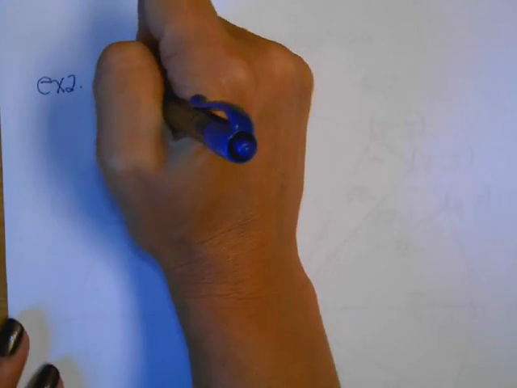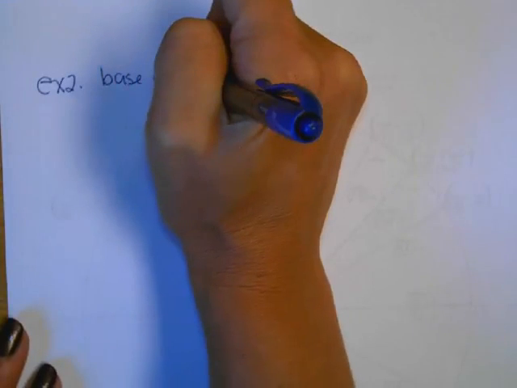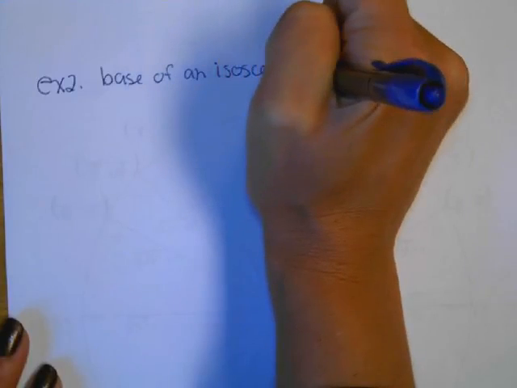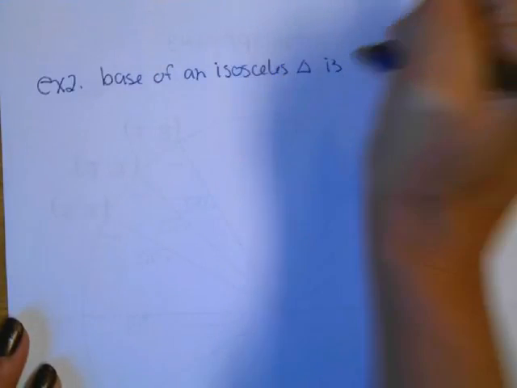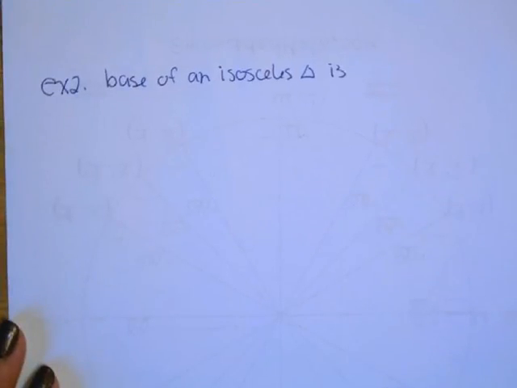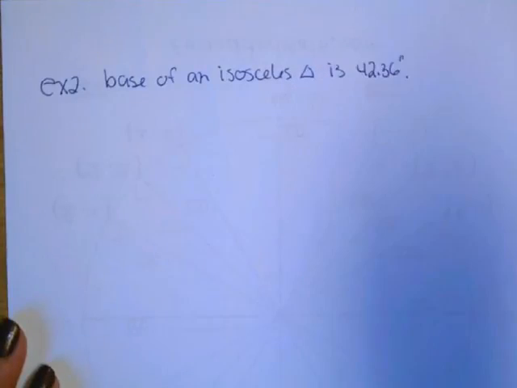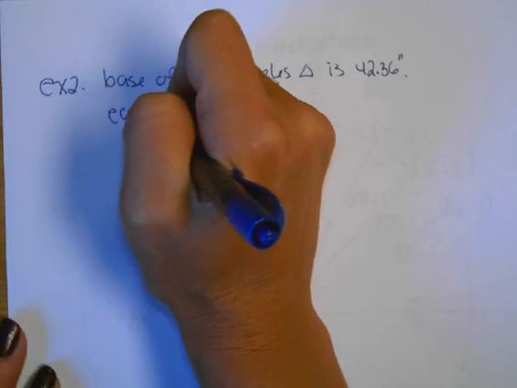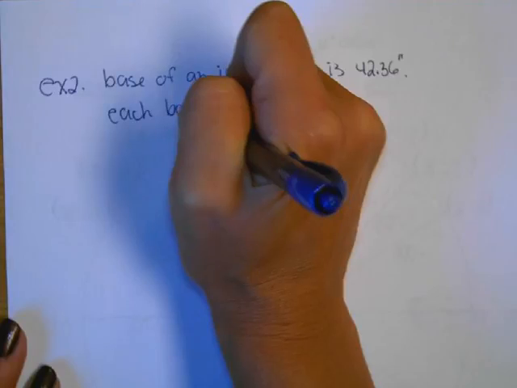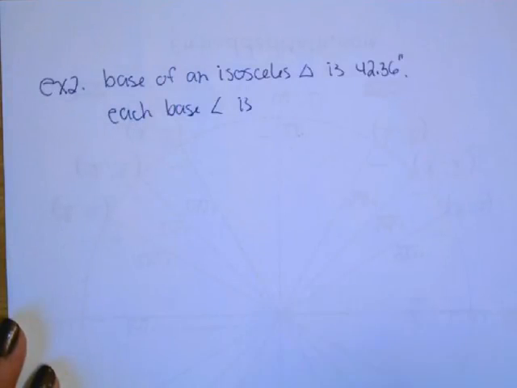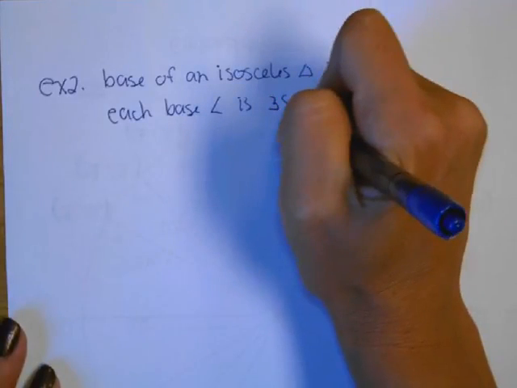So the base of an isosceles triangle is 42.36 inches. Each base angle is 38.12 degrees.